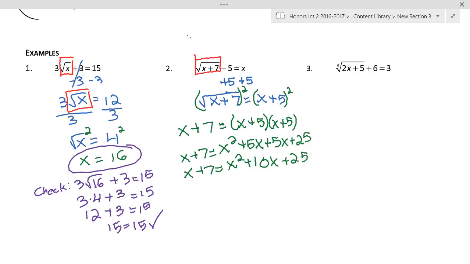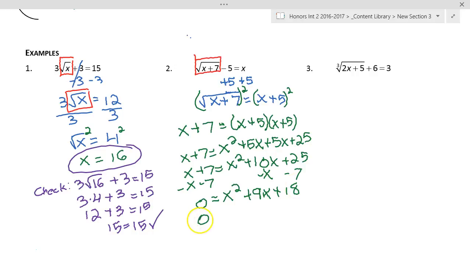Now, going back to our review of prior concepts, this is a quadratic. I have an x squared in my equation, so I need to get it equal to 0. So I'm going to subtract x and subtract 7 from both sides. I now have 0 equals x squared plus 9x plus 18.